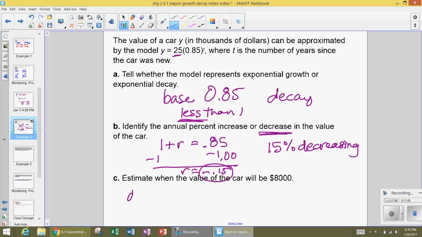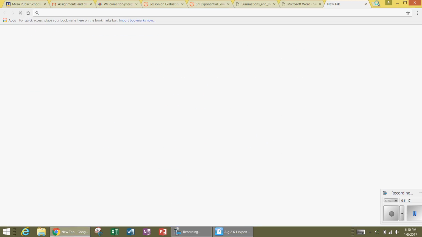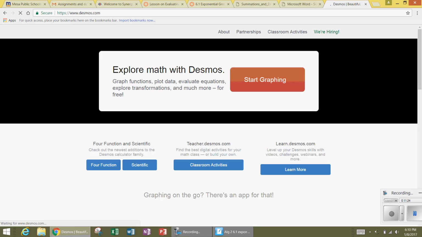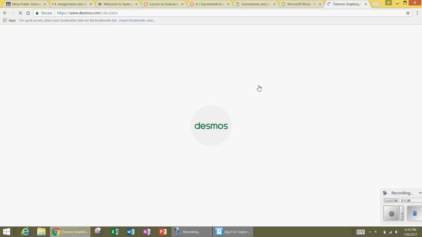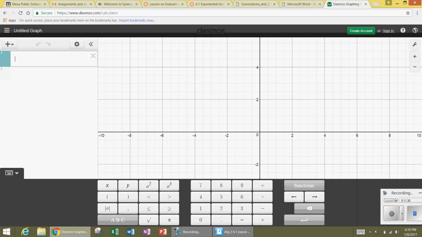So for this problem, we are going to go to Desmos.com at this point in time. And I first want to put in the value of the car. So the value of the car was 25, and then parentheses, 0.85 to the x power.